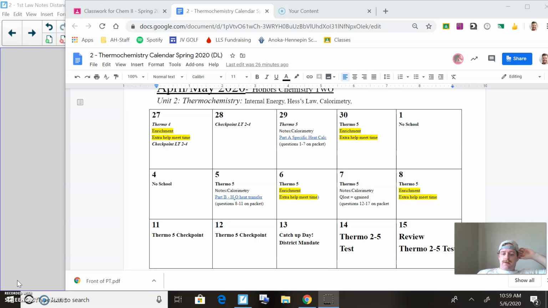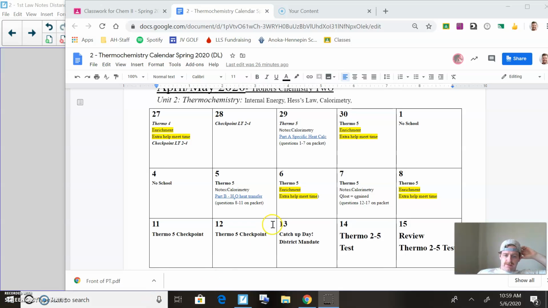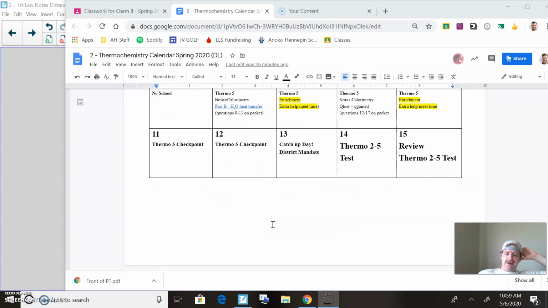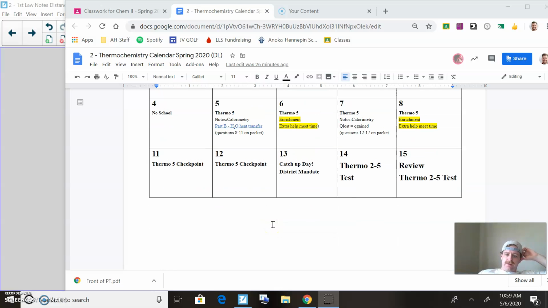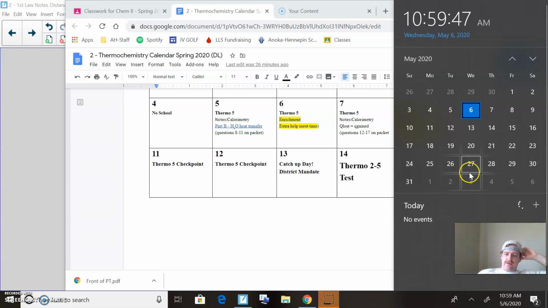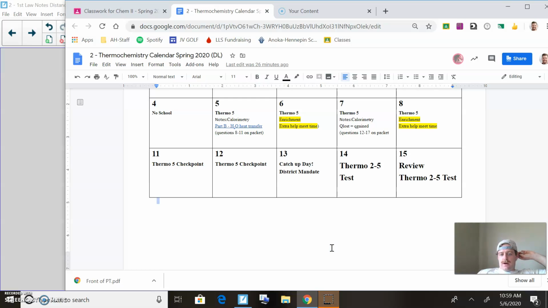That's okay. Good news is this is the last lesson for this learning target, and since some of you are seniors, we're looking at the 15th, and then I'm not quite sure on the dates, but we really only have a week or two weeks left. So we'll figure something out.